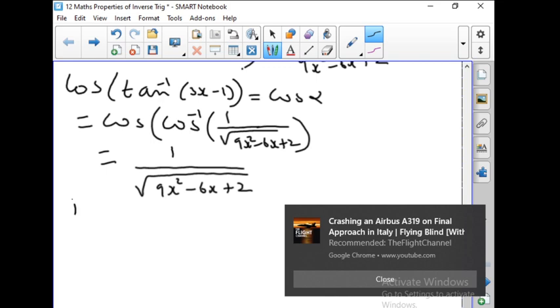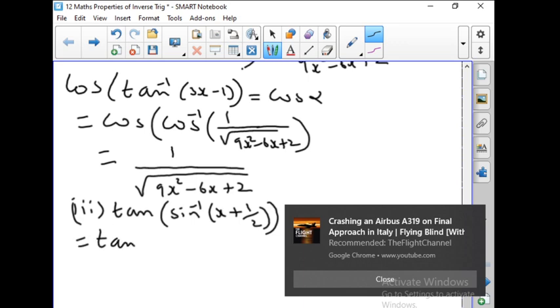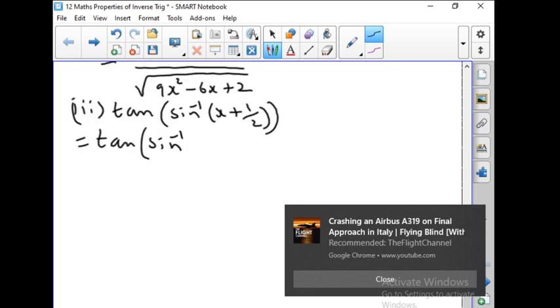Third subdivision, we have tan of sine inverse of x plus 1 by 2. That is nothing but tan of sine inverse of, taking LCM, 2x plus 1 by 2.